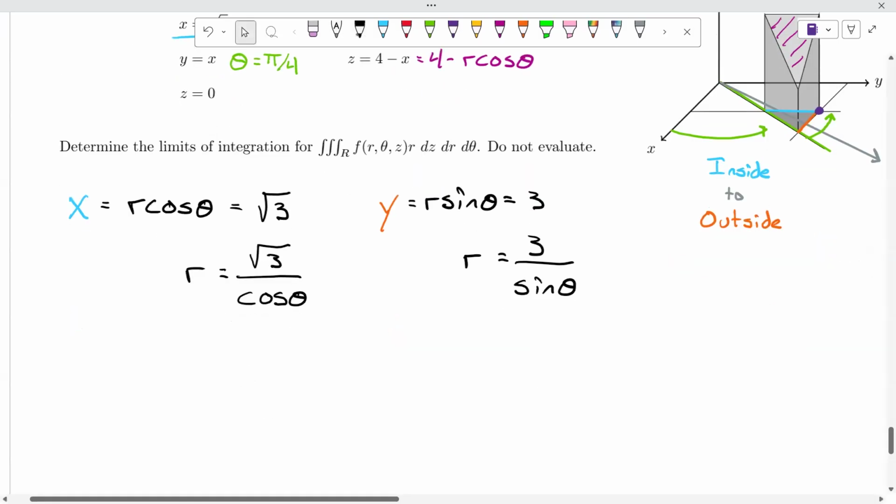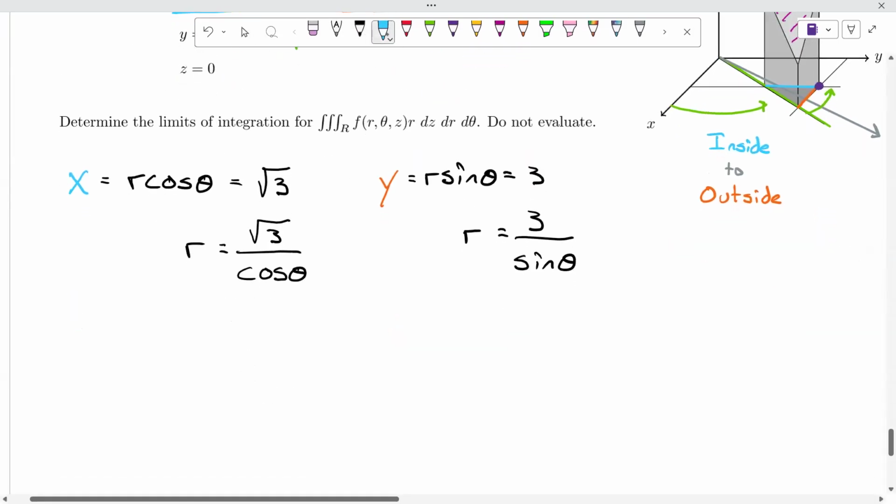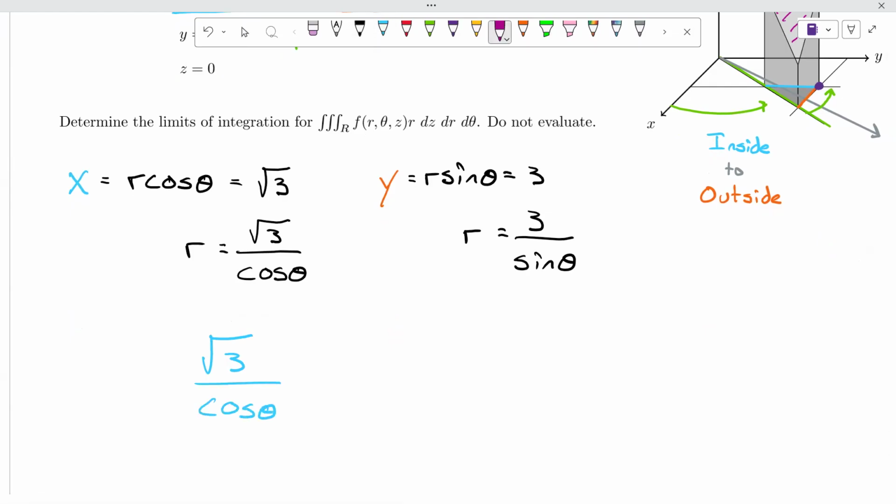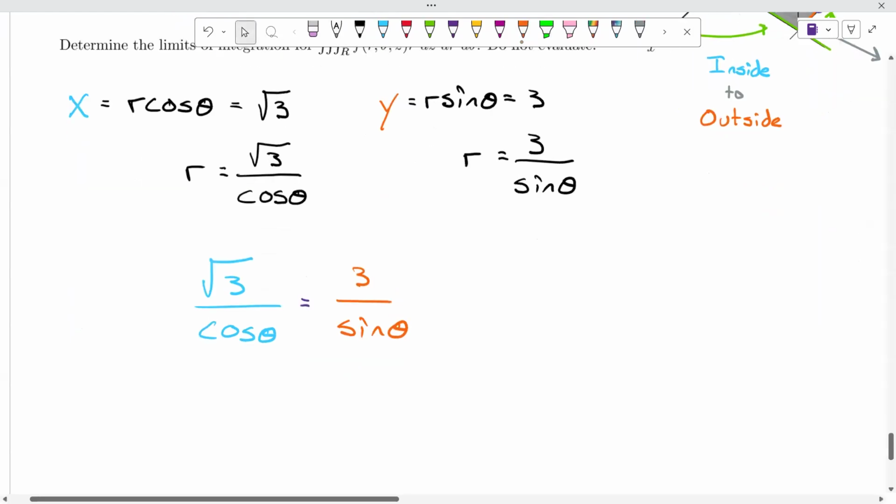And finally, I need those two things set equal to each other. So root 3 over cosine theta equals 3 over sine theta, to figure out my intersection point, which again should be some angle for theta.